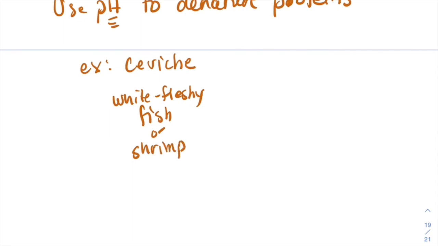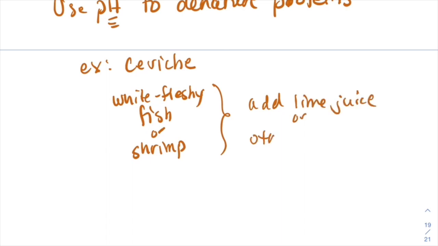And you add lime juice, which is wicked acidic, or other vinegary solutions. All right, so you could use lemon juice. Lime juice is a really big one. And you basically pour your really acidic lime juice over your fish or over your shrimp, and you let it really sink in.